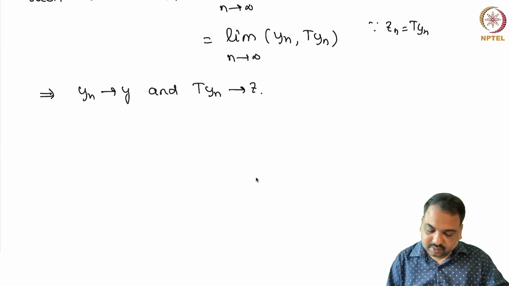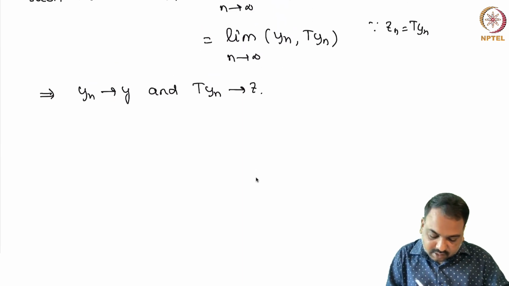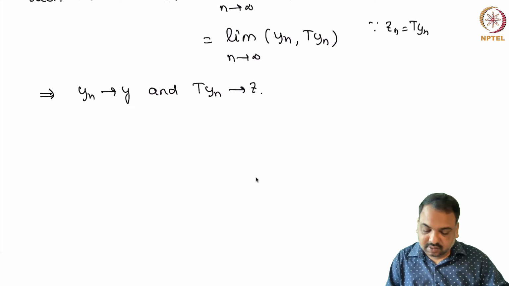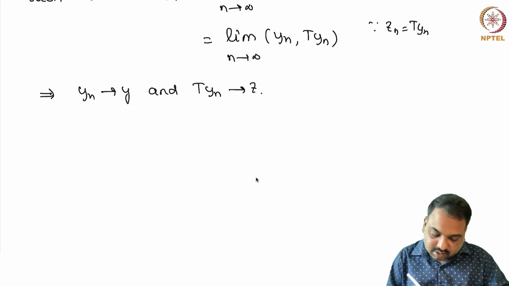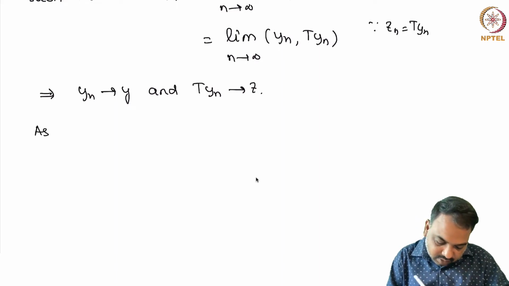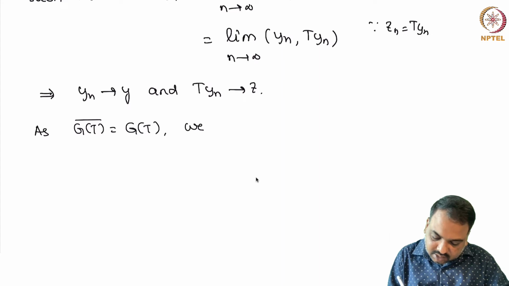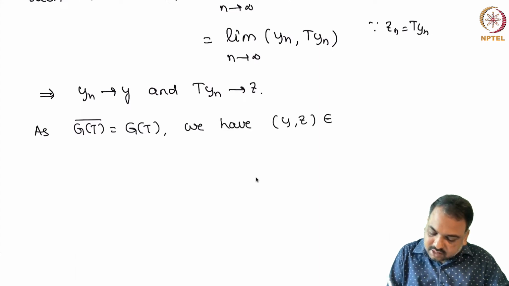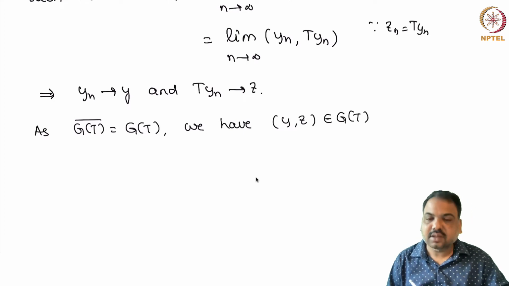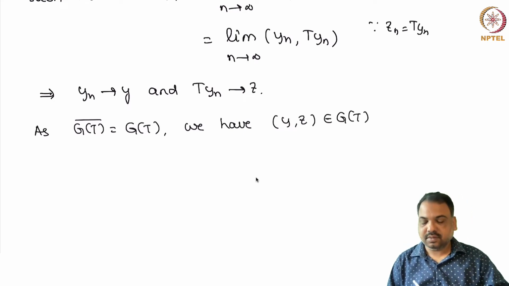So using that we can conclude that y_n converges to y and Ty_n converges to z. Now we know that the closure of G(T) is nothing but G(T), so we can say that this (y, z) is also in G(T). Right.